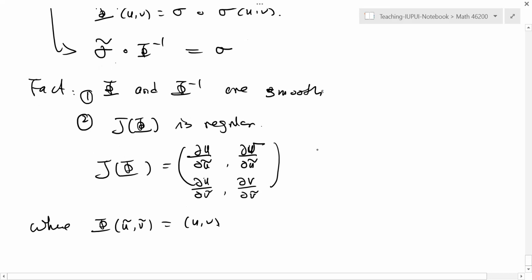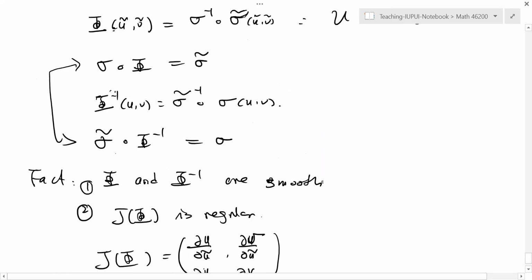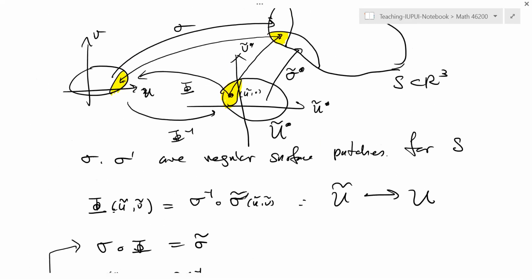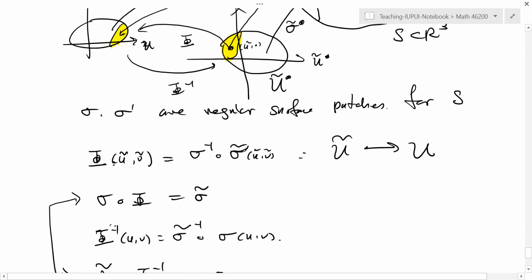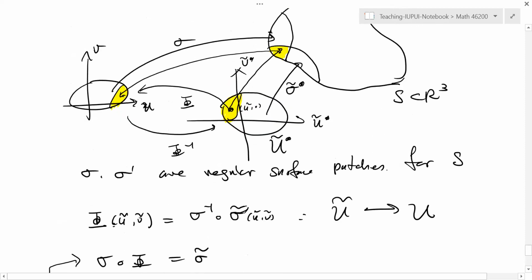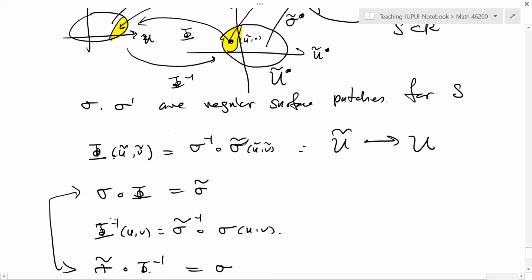I'm not going to go through that, but suppose you have two regular patches, and you get the map between portions of these two open sets. This map is one-to-one, clear from the definition, because sigma 1 and sigma 2 are both one-to-one.